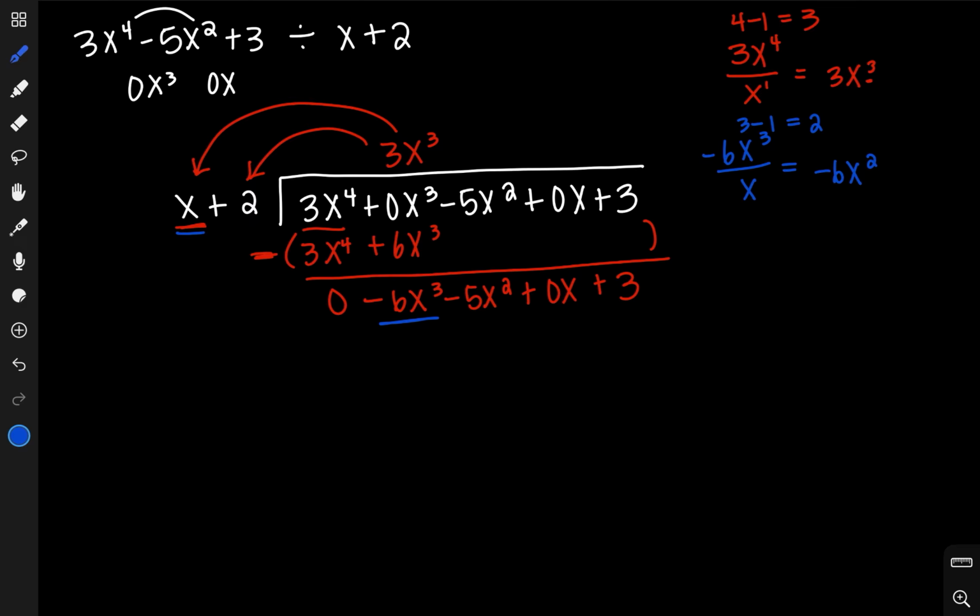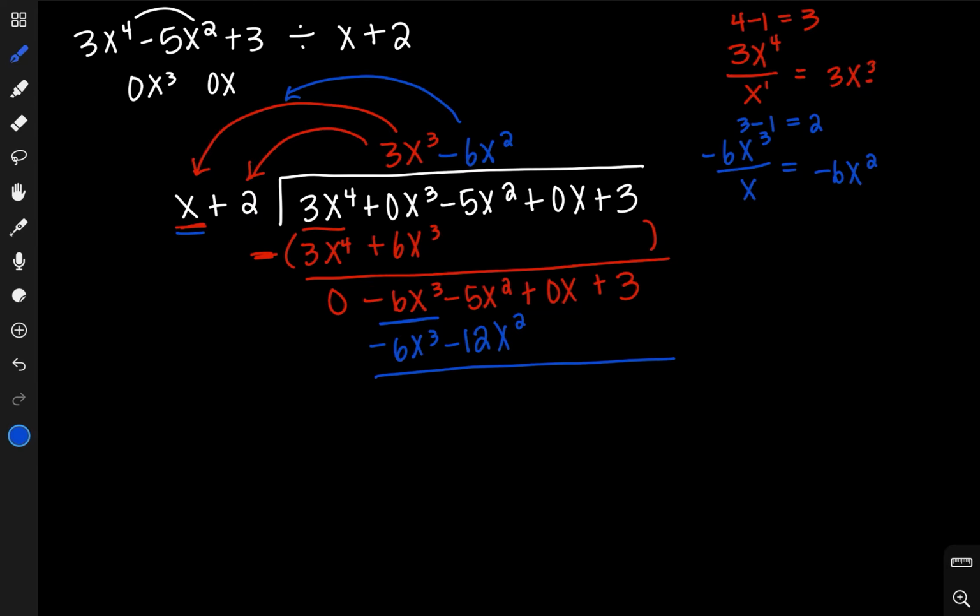We're going to bring it on top of the negative 5x squared. We're going to do the same thing and multiply by the two terms. So negative 6x squared times x is negative 6x to the third. Negative 6x squared times 2 is minus 12x squared.